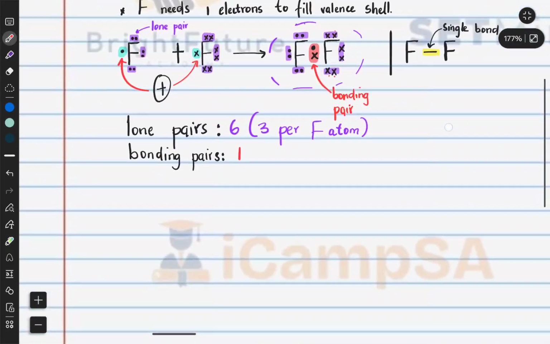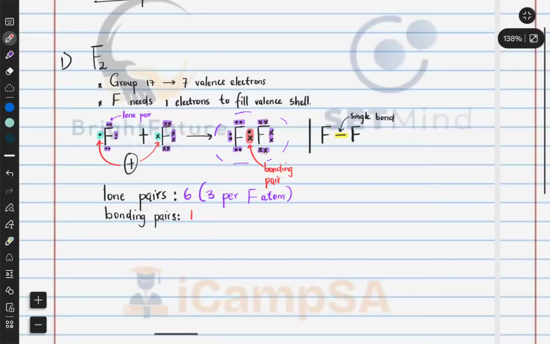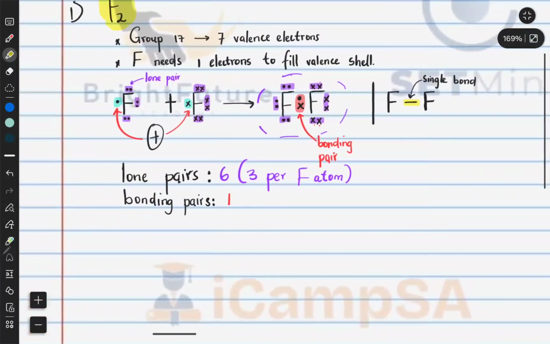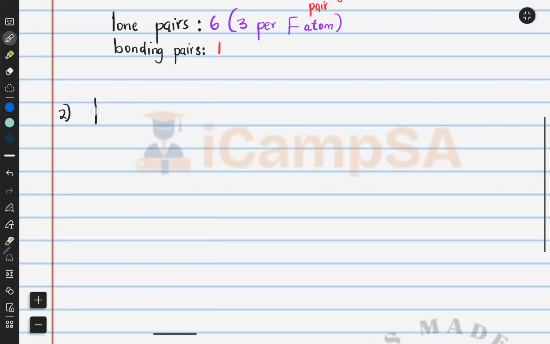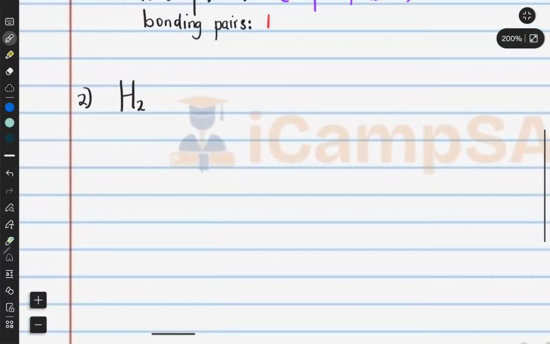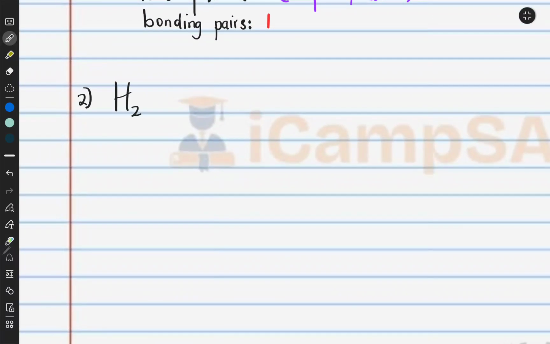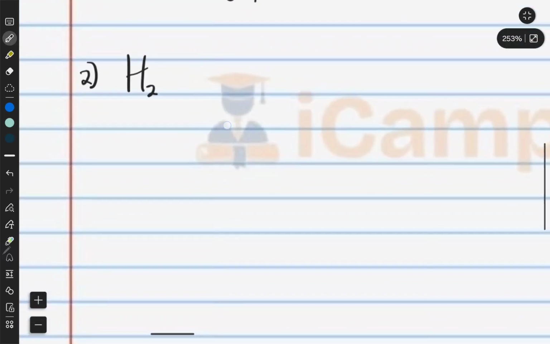Let's do another example. That's our fluorine. Let's say now we are looking at the hydrogen gas molecule, not atom. What happens here, remember with hydrogen, it's an exception.